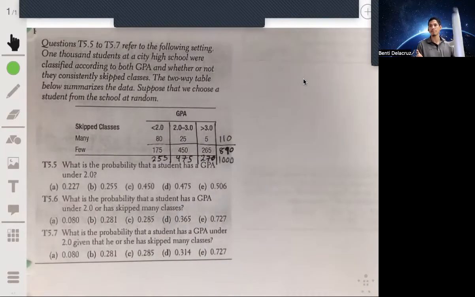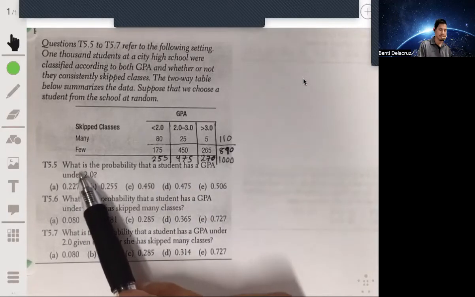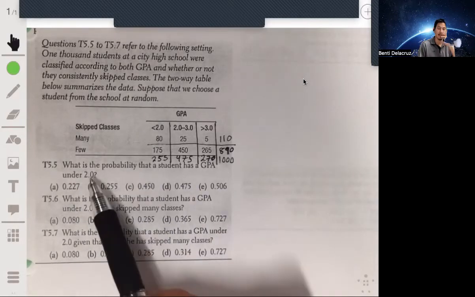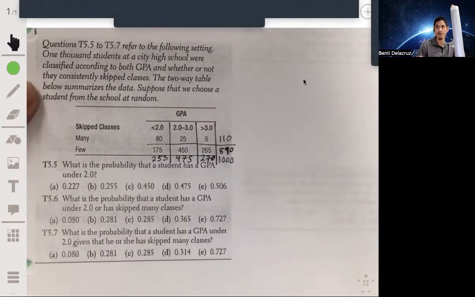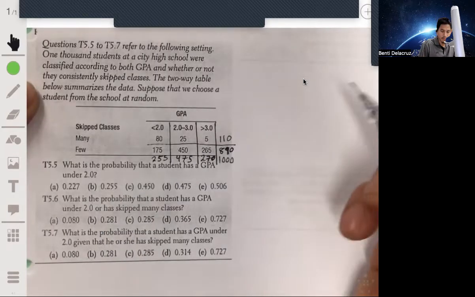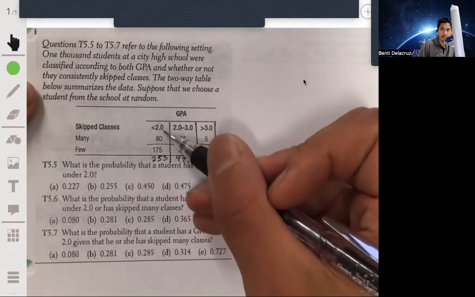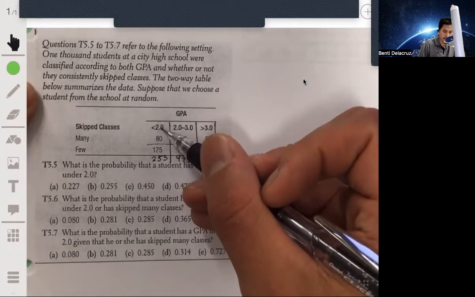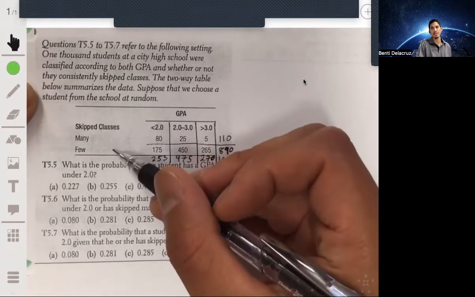Okay, now let's look at problem one, or the first part. What is the probability that a student has a GPA under 2.0? If we're talking about a student that has a GPA under 2.0, we just care about this column. We look at the total students in this column. This column refers to all the students that have less than a 2.0 GPA. We don't care if they skip a lot of classes or a few.